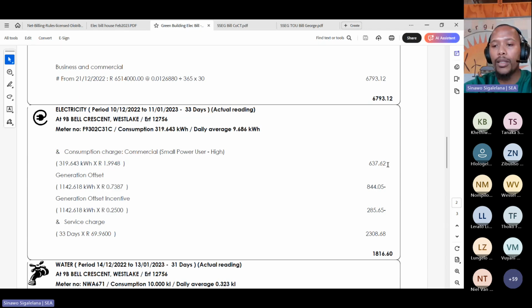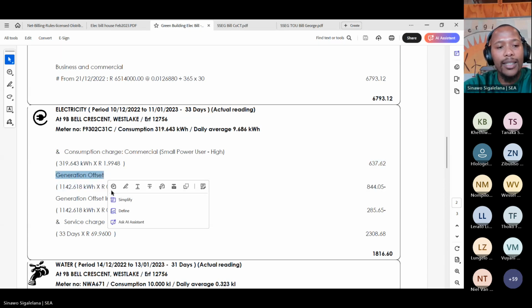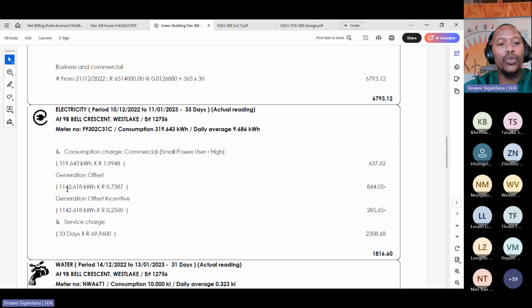And then the total bill was 637.62. The generation offset: the office generated around 1,142 kilowatt hours. It consumed around 319.643 kilowatt hours, and it generated around this much at this incentive, at this export credit.